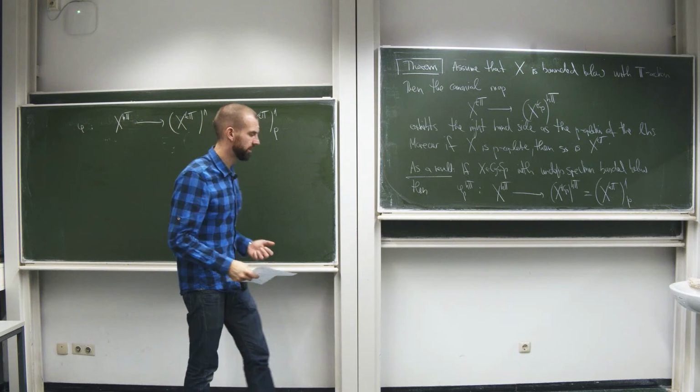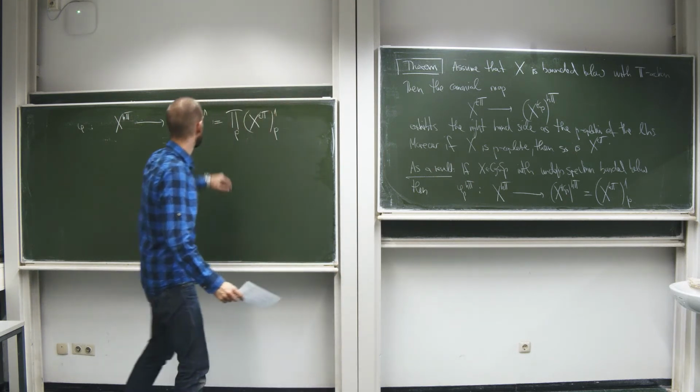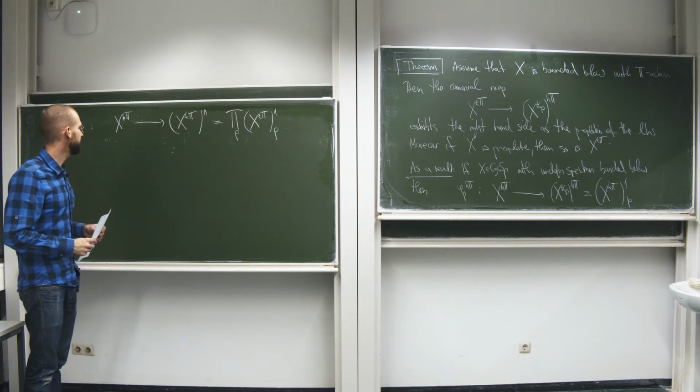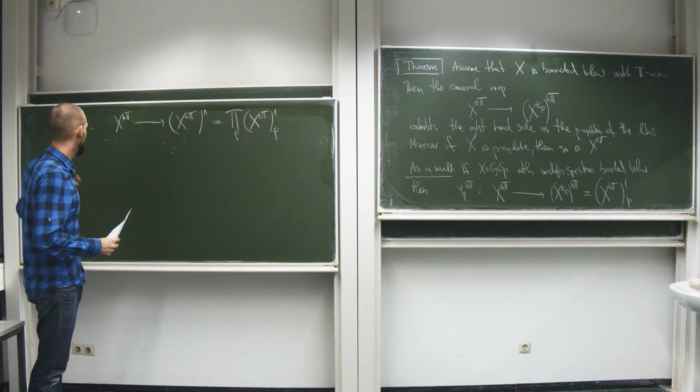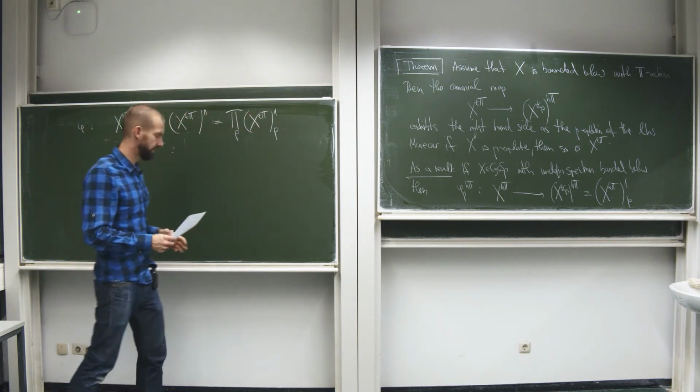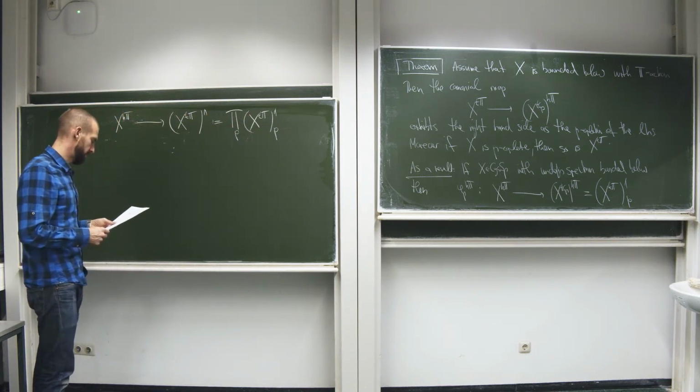It can also be written somewhat more canonically as a sort of completion. And so I get this phi map from X hT to X Tate T profinitely completed.